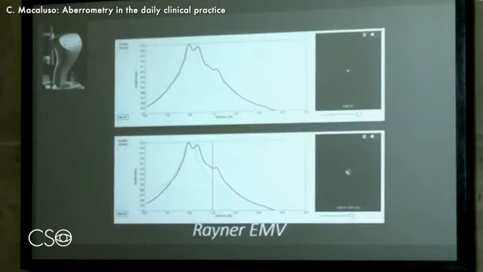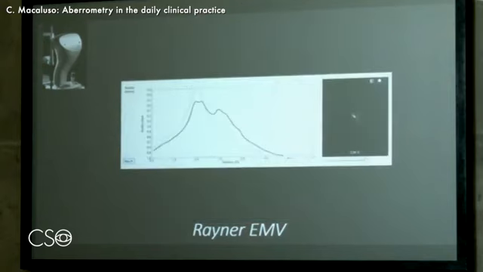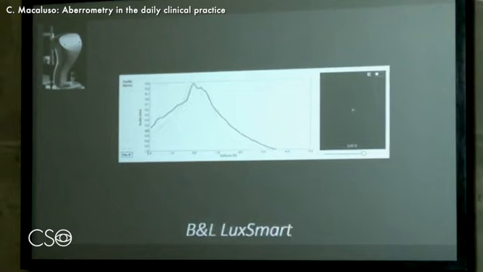It's by another company, still an EDOF, maybe less extended, but with a little better distance contrast. It's another case with better extension. And this is another EDOF lens by Bausch & Lomb, where in this case the extension in the near was pretty bad, and also the patient was quite unhappy about that.